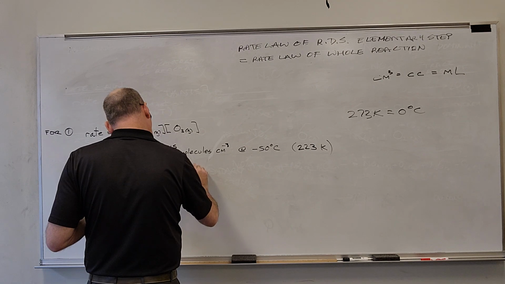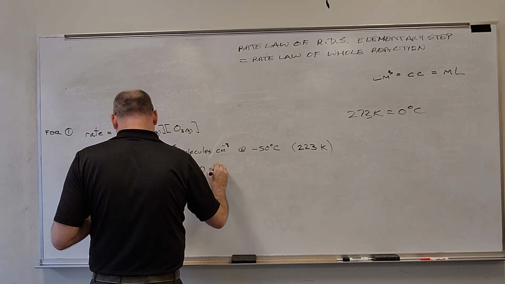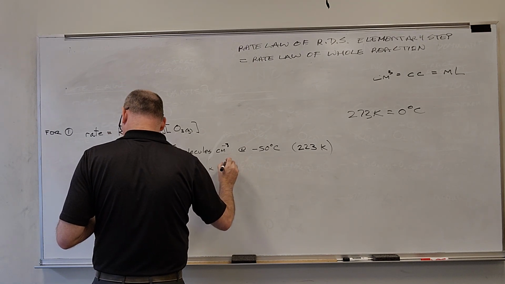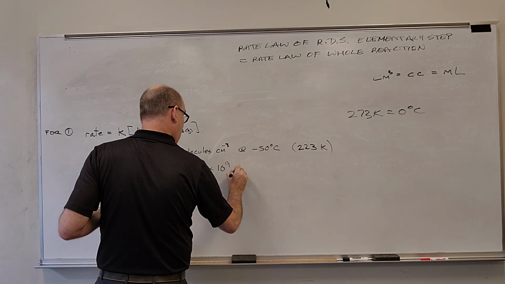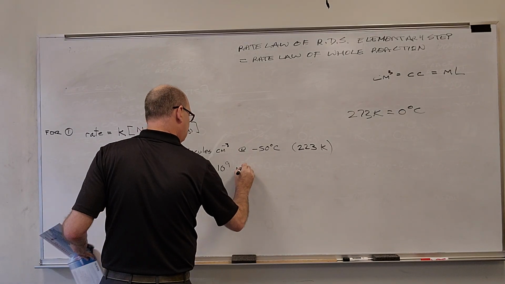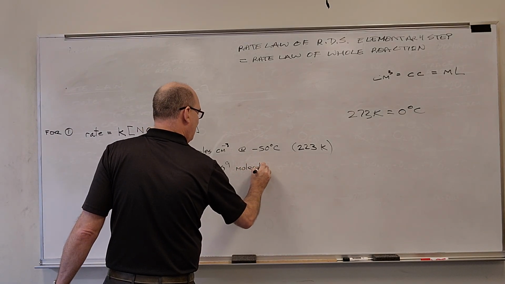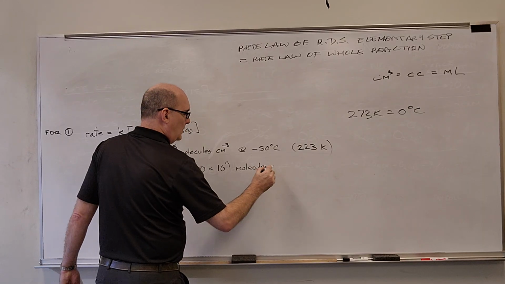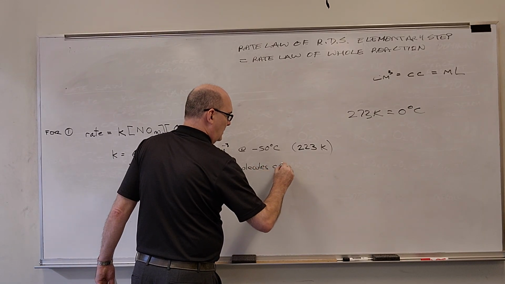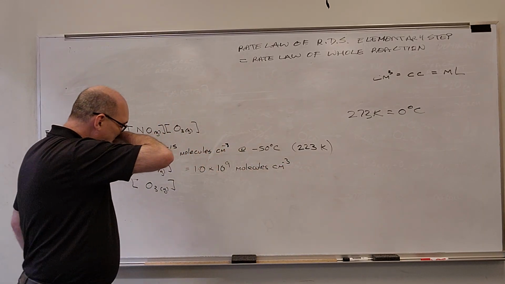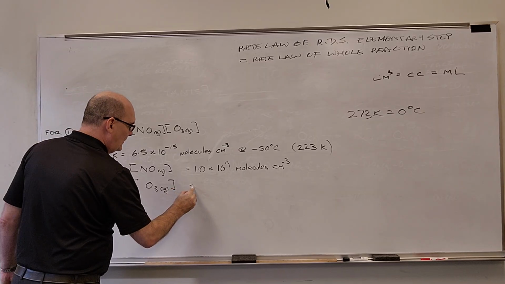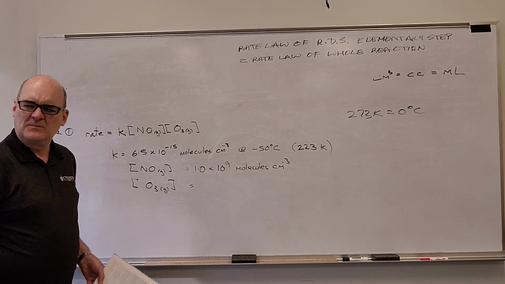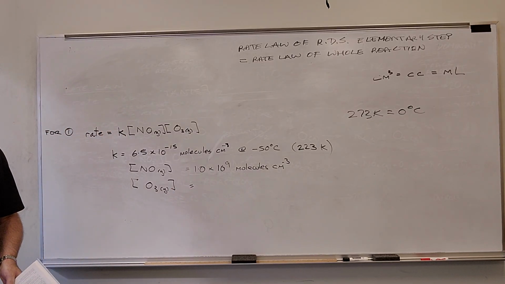NO is 1 times 10 to the 9. That's a billion molecules per cubic centimeter, per milliliter. It's actually not a big number. 1 billion molecules per milliliter.